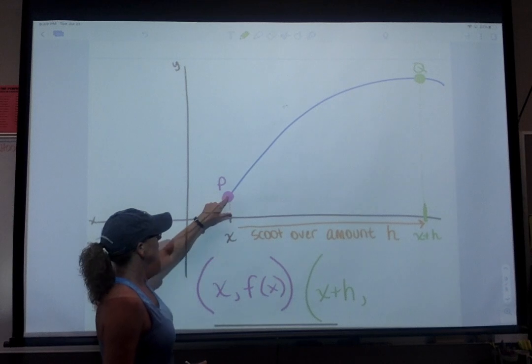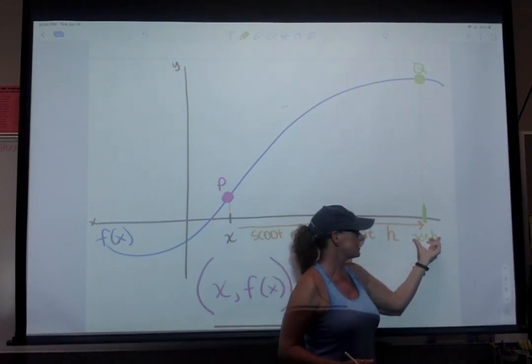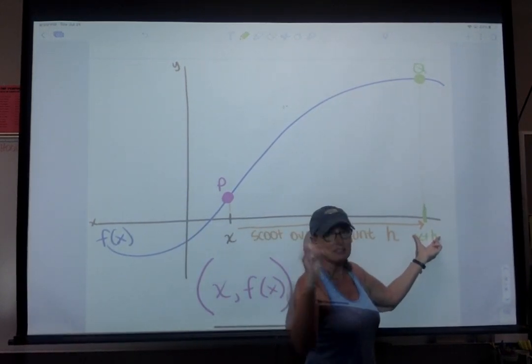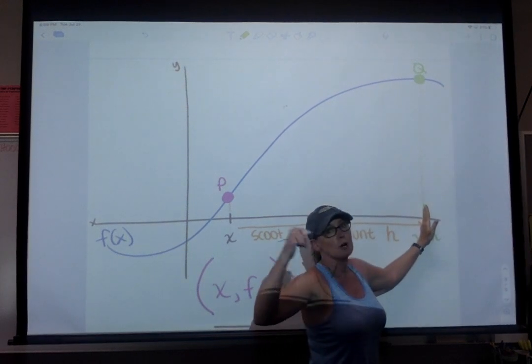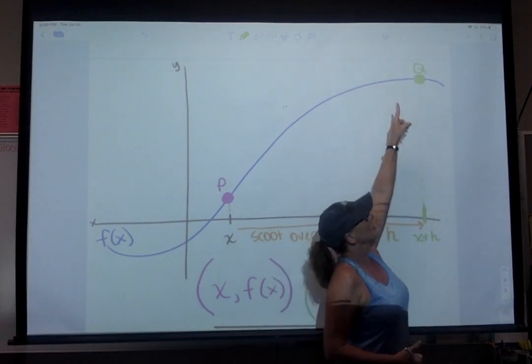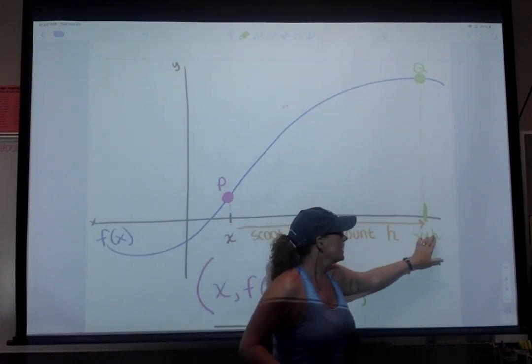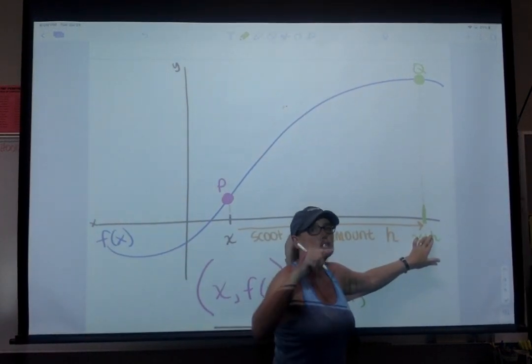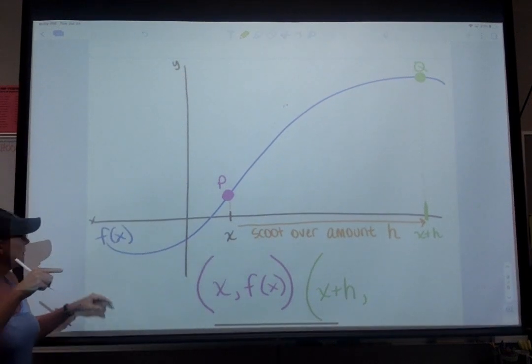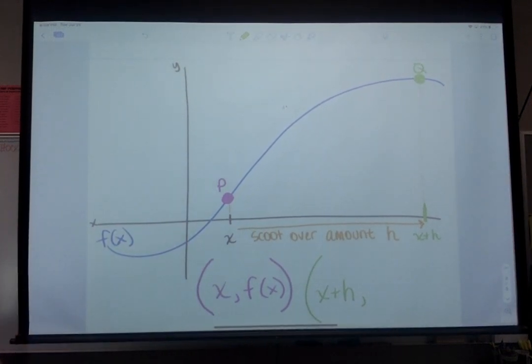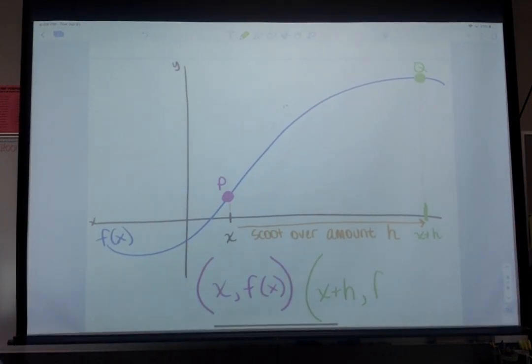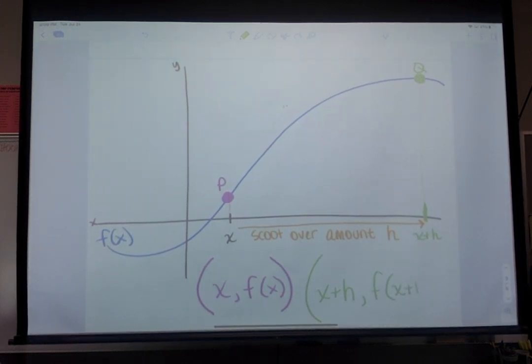We plugged this in to get our Y. So let's take this, yucky as it seems, let's plug it into our blue function to get our Y value. What does it look like when I plug X plus H into F? Here's what it looks like. Plug it in.